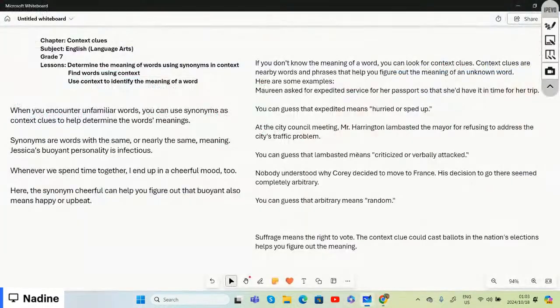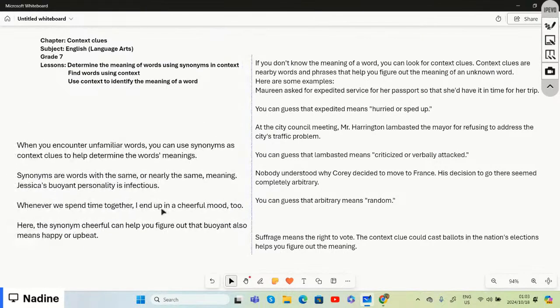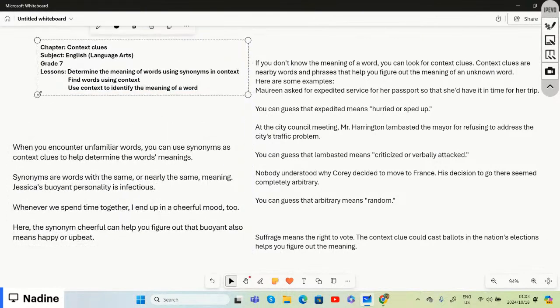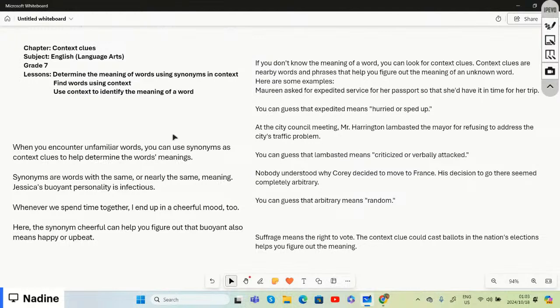So our chapter is context clues. Our subject is English Language Arts. We're doing grade 7.